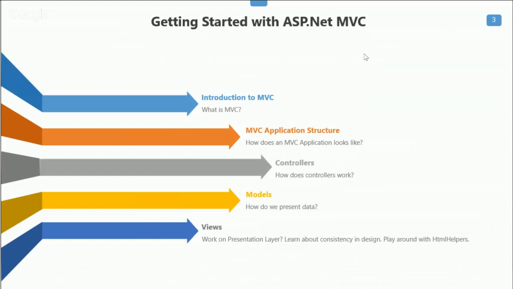Then we'll move on to controllers, what are controllers and how do they work. And then we'll move on to models, which are known as data. So how do we present data, which we later bind with views to give a user view, means how do we present the data in views. So these are the things that we'll be discussing in today's topic.